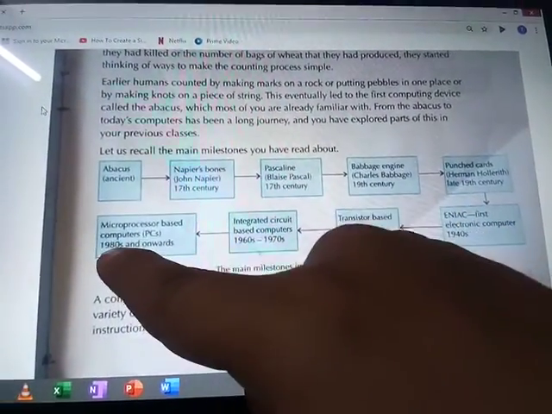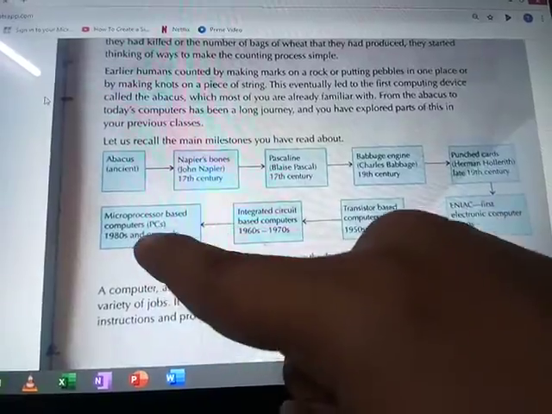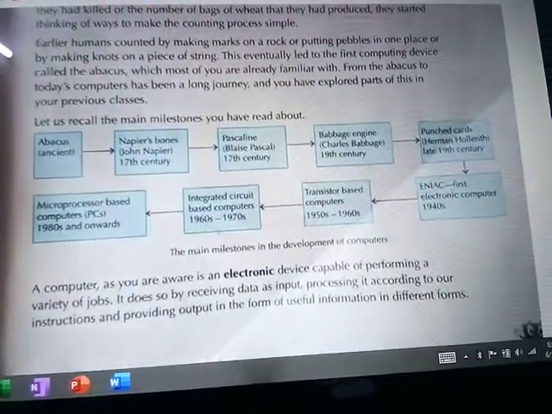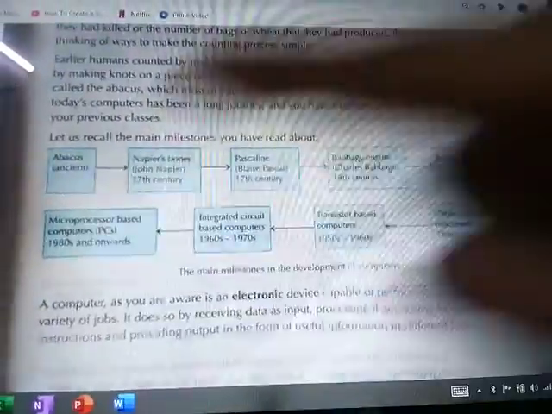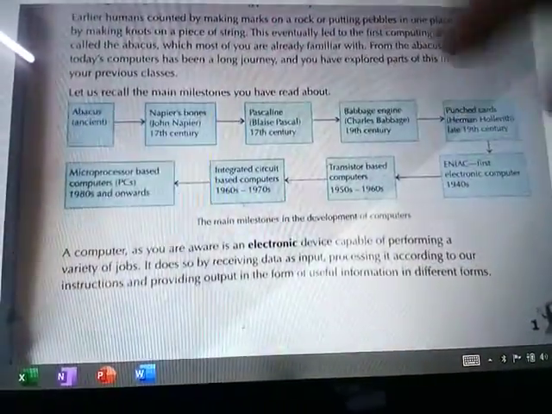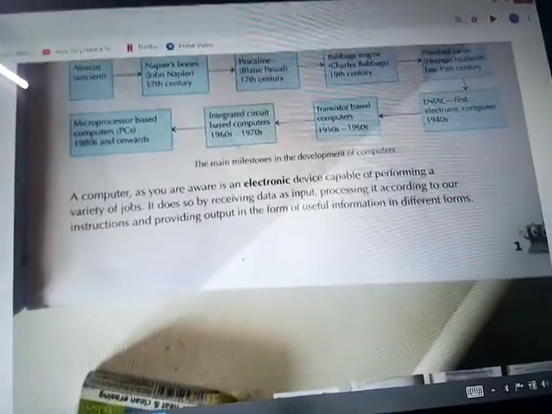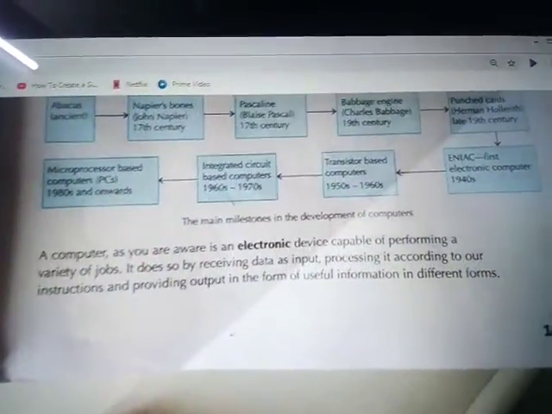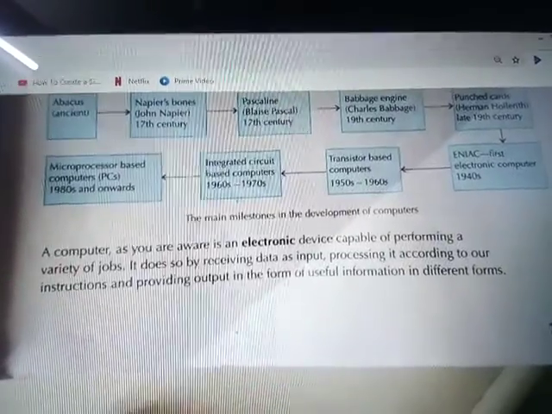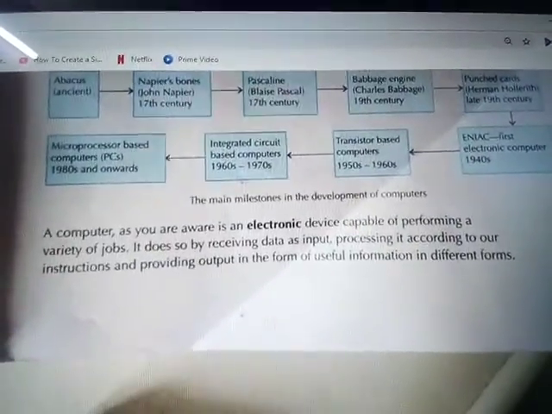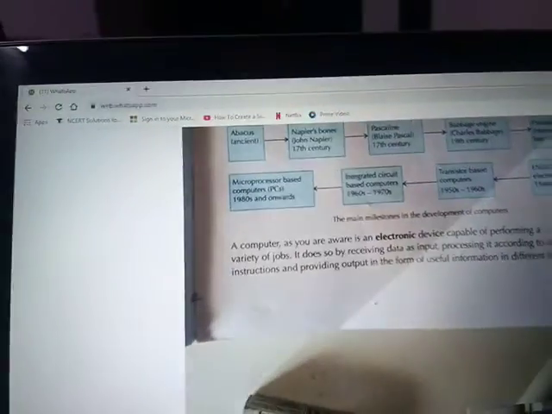Then finally this leads to the microprocessor. Each and every computer we have in our homes is based on the microprocessor. After the microprocessor came, the computer's evolution became very good, and computers became very fast and easier to access. We saw this very clearly in 6th standard. This is just a small explanation for your remembrance.